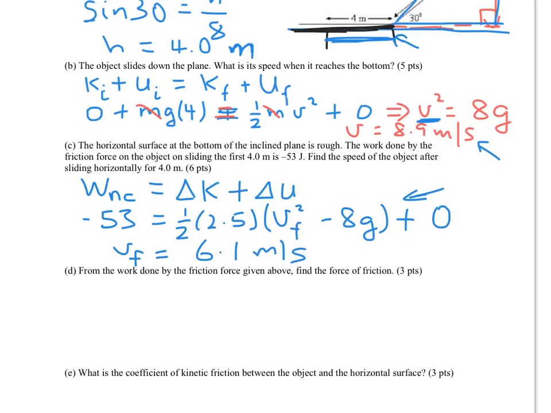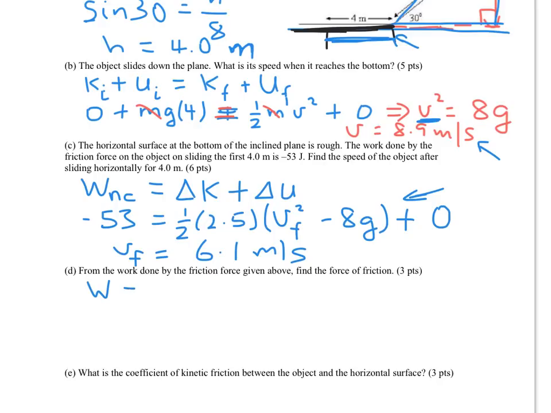That's the velocity. Okay, part D says, from the work done by the friction force given above, find the force of friction. Now you know that the work done by any force is given by F times D times cosine of the angle between them.